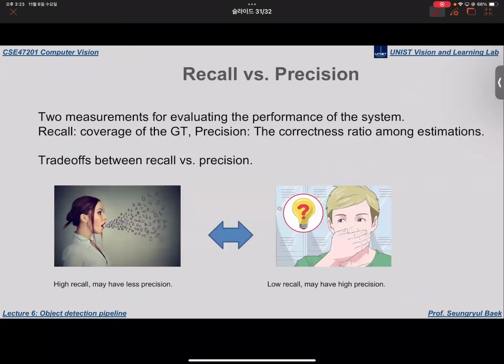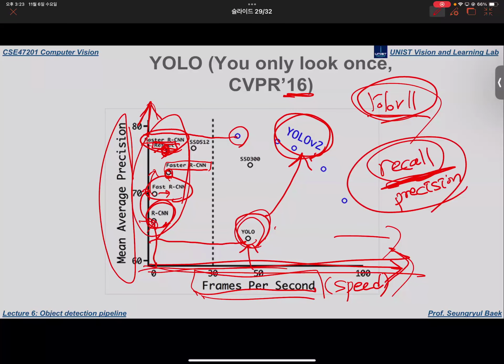I will explain them in this slide. Precision for YOLO is already not bad, but the important problem in the YOLO algorithm is that its recall is very limited. So in YOLO version 2 and 3, they focus on improving the recall of YOLO.